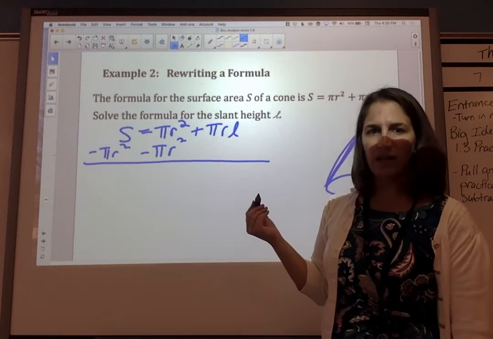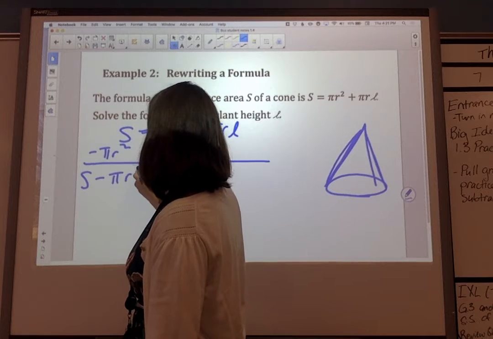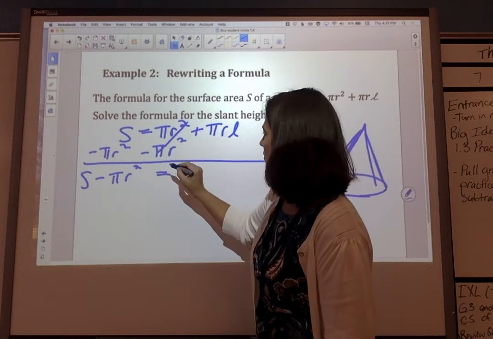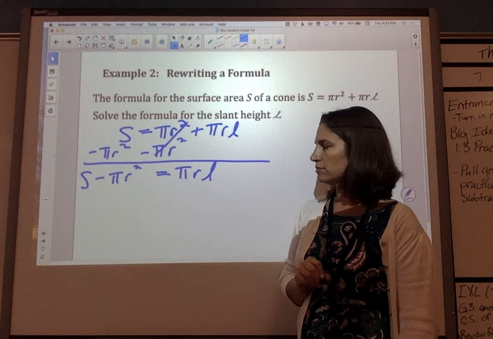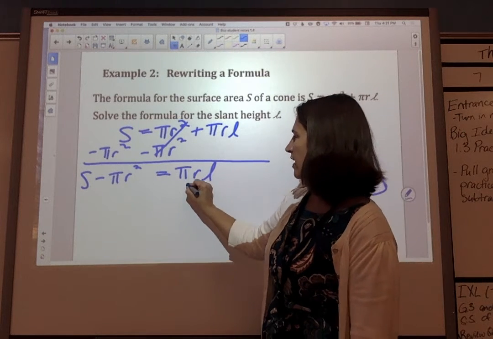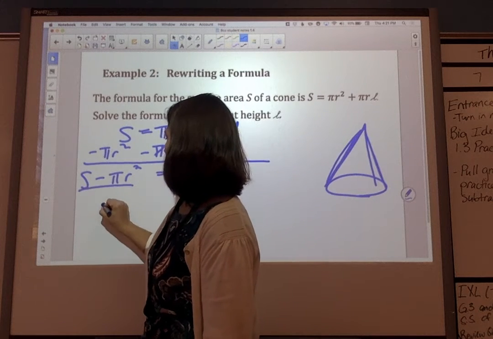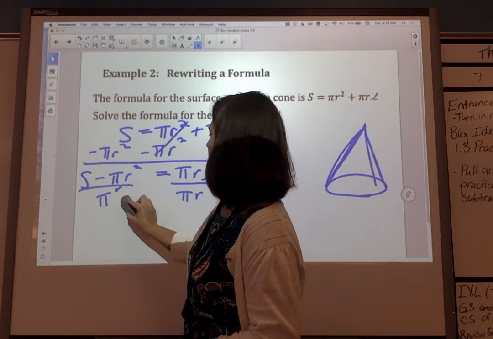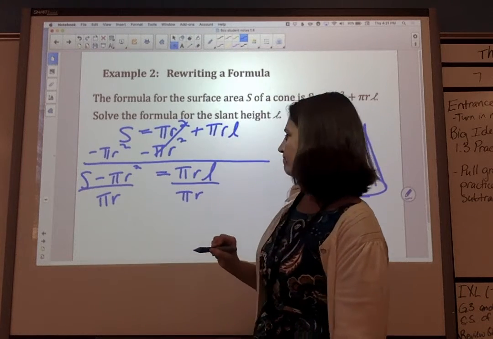So on the left side of the equation, I now have S minus pi r squared, and that's equal to pi r L. So now, to solve for L, I need to divide both sides by pi r. Oops, I wrote pi to the rth power. Whoops. All right, pi r.